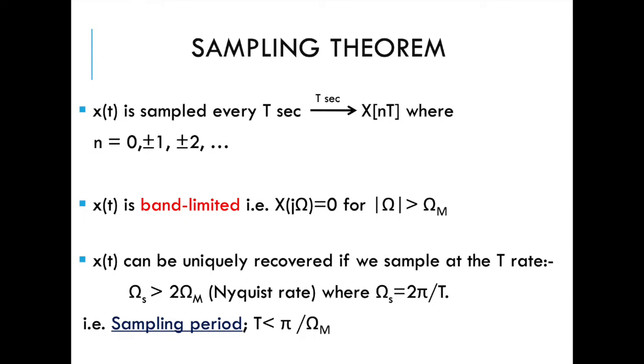So basically, omega s greater than 2 omega m is the general equation for the Nyquist rate. In this equation, omega s is your sampling frequency and omega m is your message frequency.